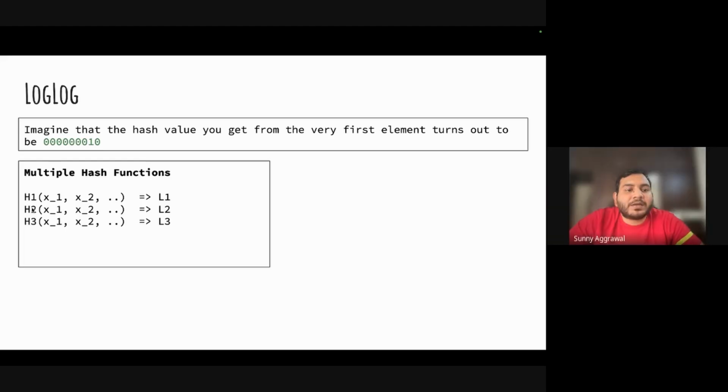That will ensure that if one hash function is creating a bias, then, let's say, using hash function 1 my maximum comes out to be L1, and using hash function 2 my maximum comes out to be L2, then take the average of all these values and use that to calculate the final prediction. Okay. But if you use multiple hash functions, then you have to do a lot of computation.